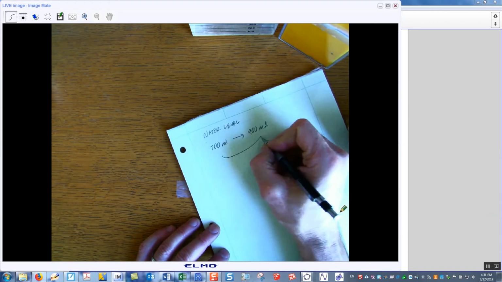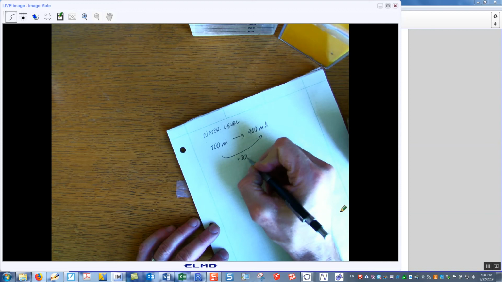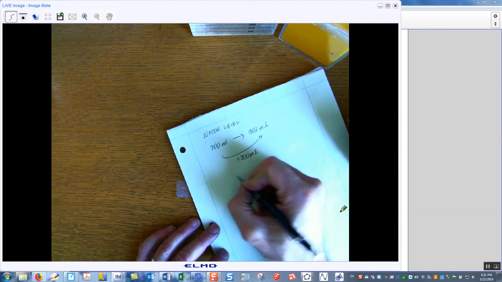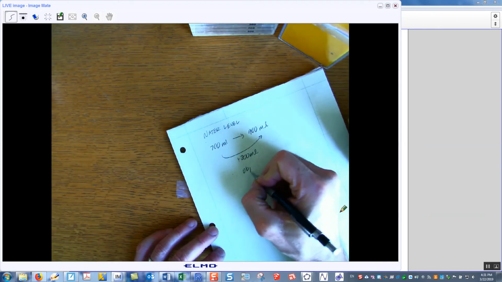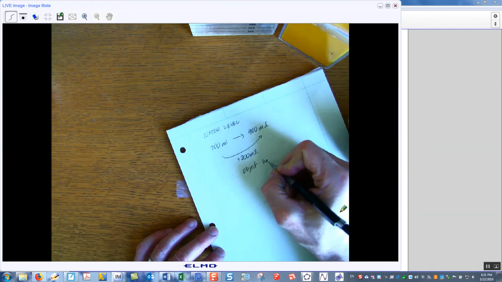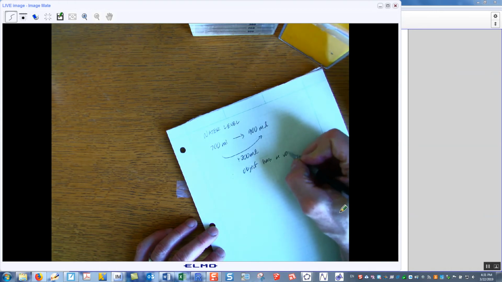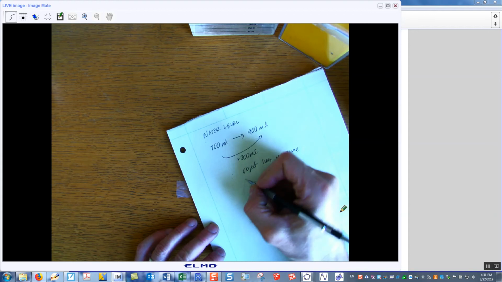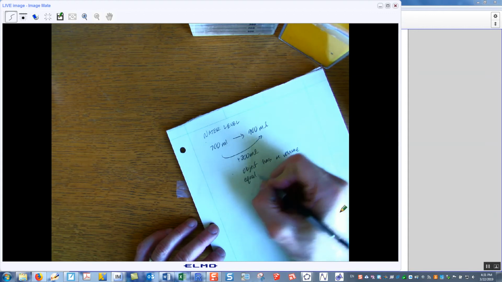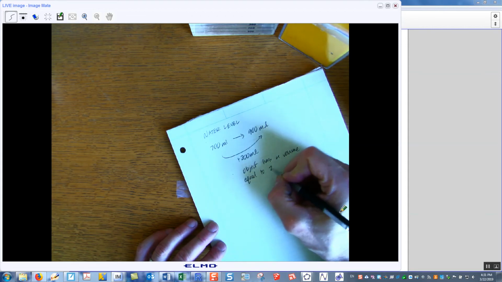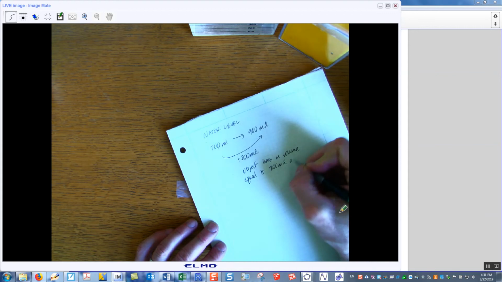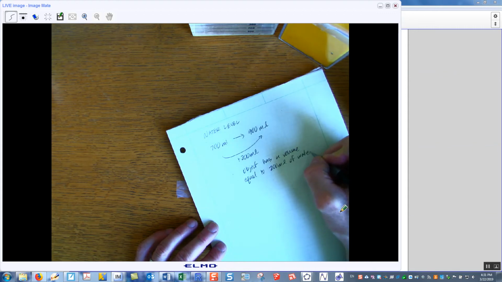So that's an increase of 200 milliliters. Therefore, the object has a volume equal to, I guess, 200 milliliters of water at room temperature.